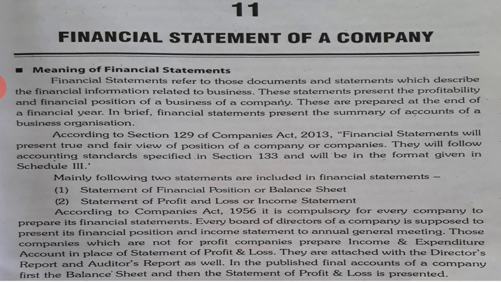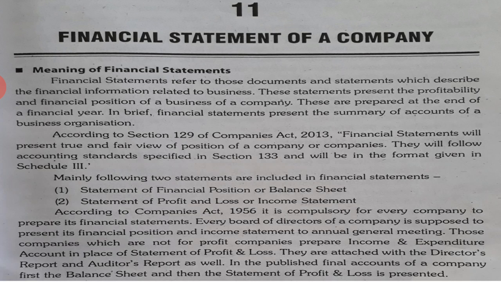But for the companies, when they are working in a very vast way, meaning they are huge business organizations, they can make their financial accounts after every quarter, or say half yearly, and obviously at the end of the year.